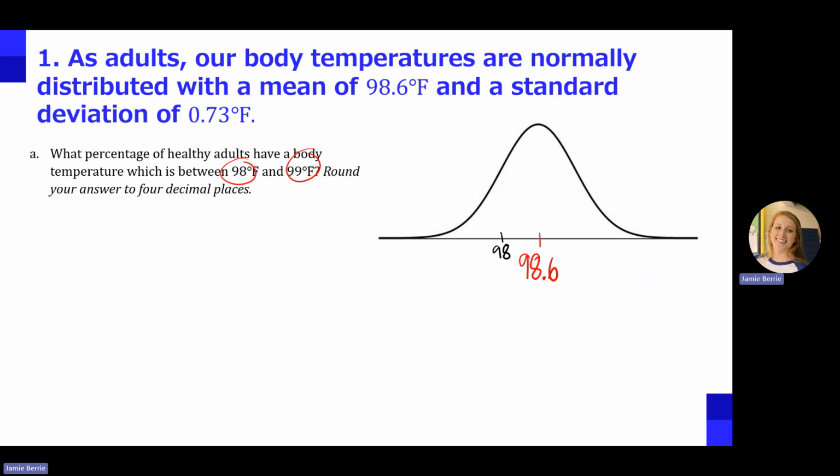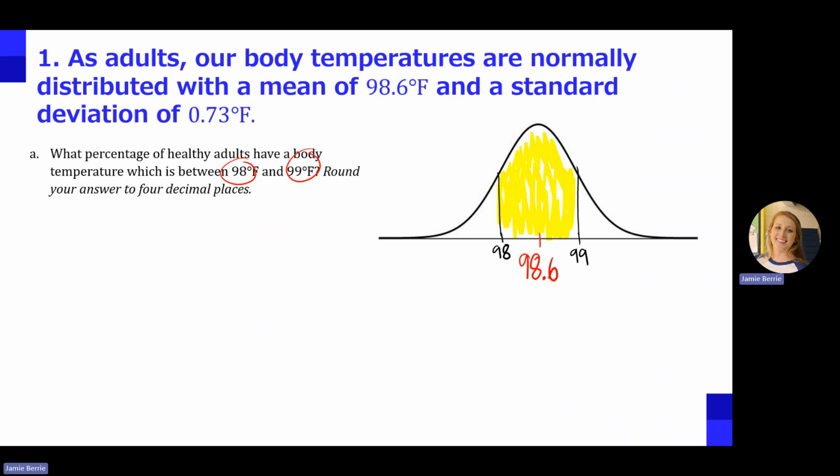And 99 is going to be to the right of 98.6. We're trying to figure out the area under the curve, or the probability, between these two values. So we're shading in between 98 and 99. That's the area that we're trying to find.